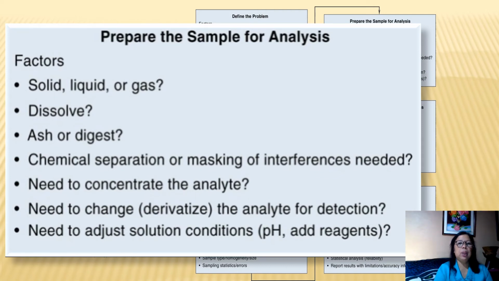Chemical separation and masking the interferences needed. Do we need to concentrate the analyte? And is there a need to change the analyte for detection? Or is there a need to adjust solution condition? All these things are your concern for the preparation of sample for analysis.